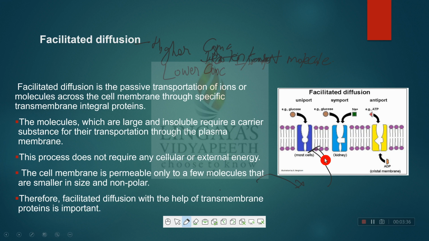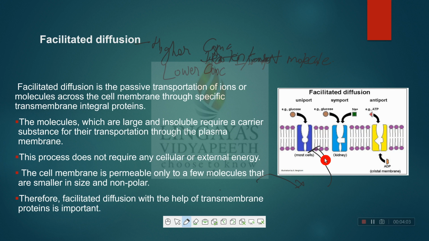The plasma membrane is the cellular structure that is responsible for the selective movement of substances. We all know this now. Alright. So through facilitated diffusion, biological molecules or ions are transported across a plasma membrane with the help of transport proteins located in the plasma membrane.